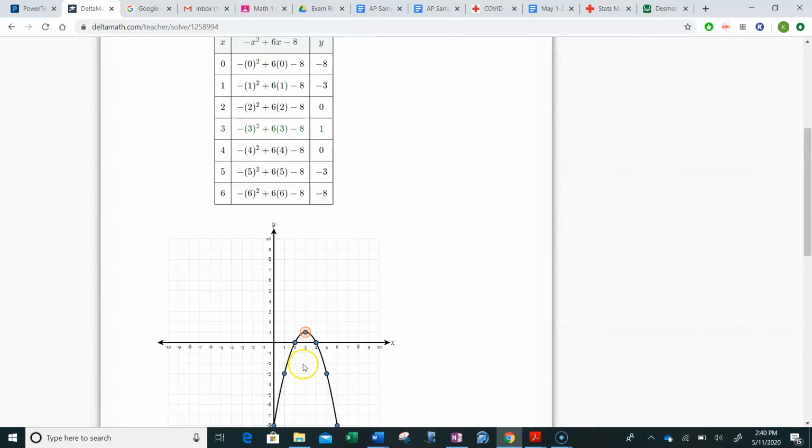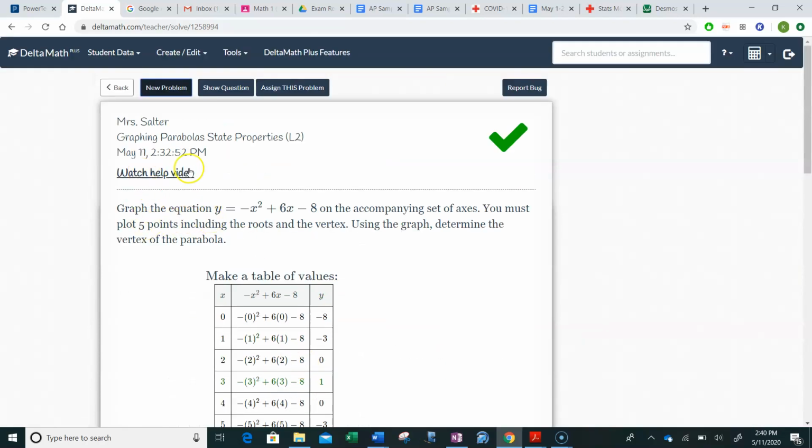Don't forget that there's also videos that you can do for watch help videos. Sometimes these questions will change. In this case, it wanted you to determine the vertex. It may say, what is the axis of symmetry? So let me just do a new problem real quick.